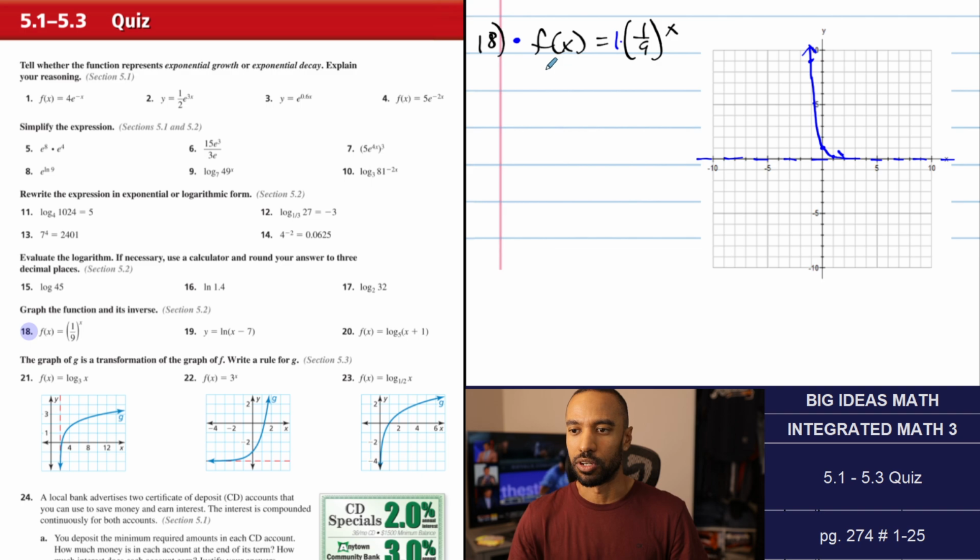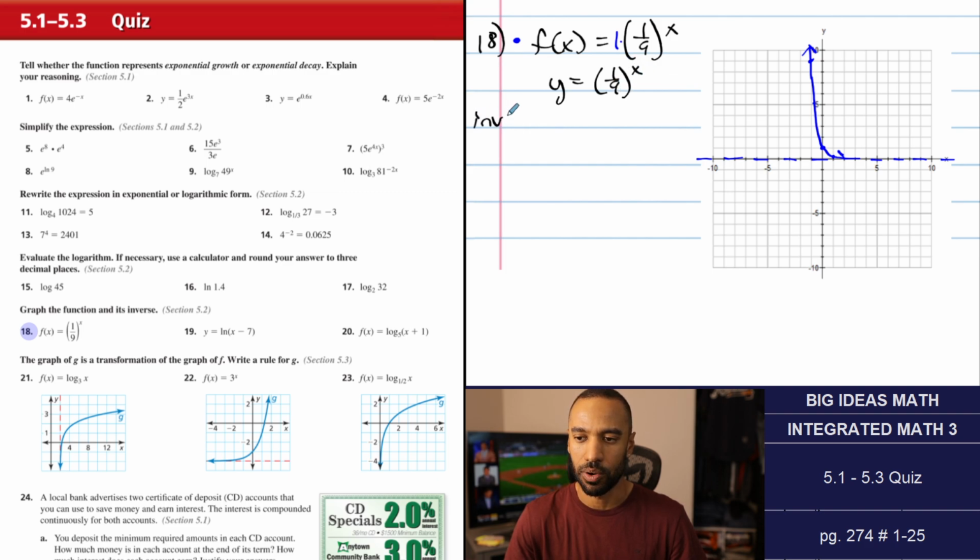Now they said graph its inverse. Let's take its inverse, figure out what it is, and graph it that way, and we can see if it looks to be the inverse that we hoped for. So in order to do this, let's turn this into y and swap x and y. That's our inverse step. This is a little bit of 5.2 coming into play by taking the inverse, or even section 4.6 if you think back enough, when we learned logarithms.